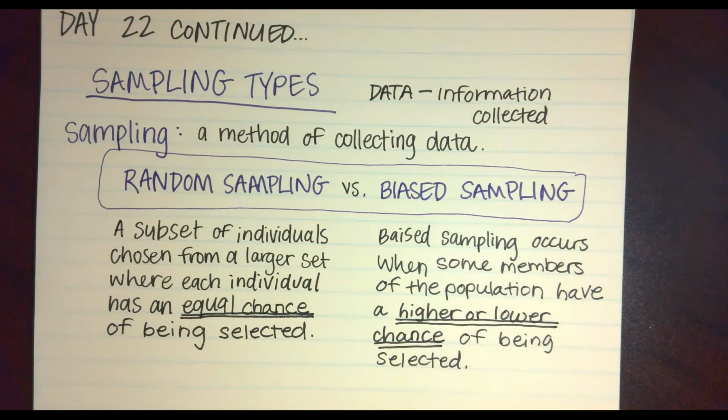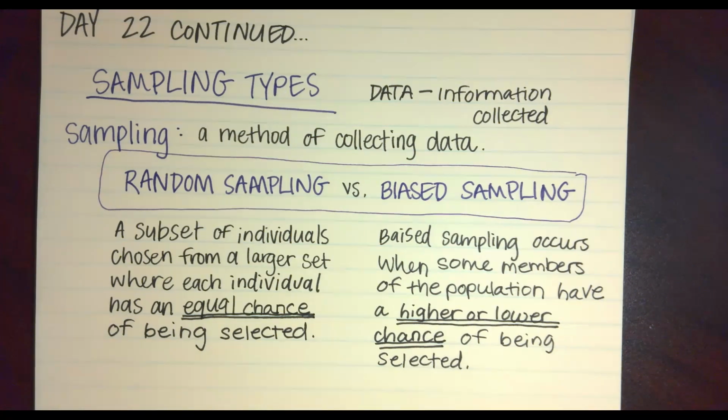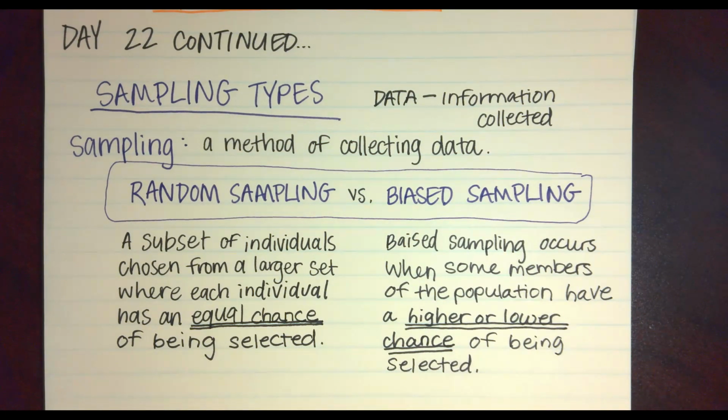Sometimes whenever we get into politics, people want to collect data and they might go about collecting that data in a way that they know will benefit their cause. Maybe they want something to happen, and so they're going to survey people that they know will probably have the same opinion as them.